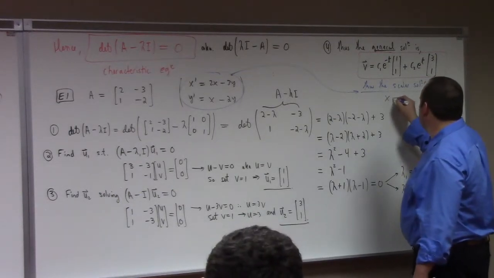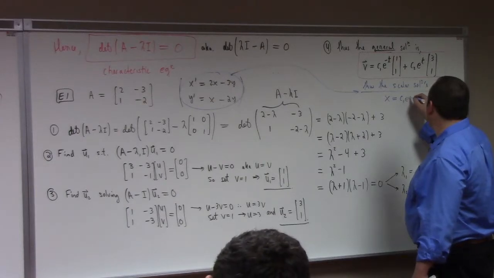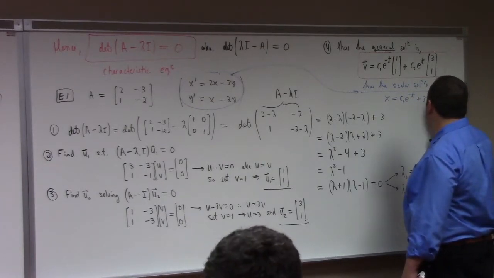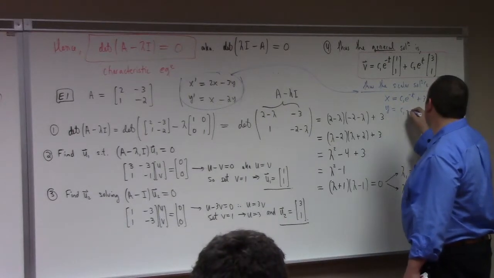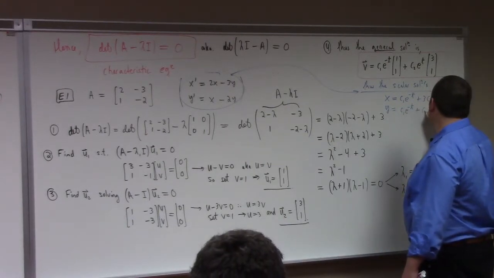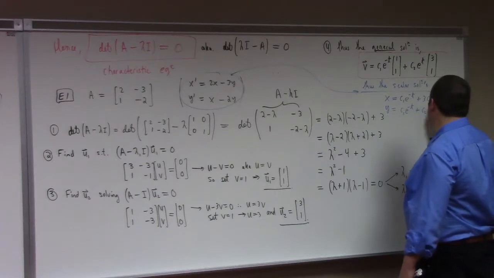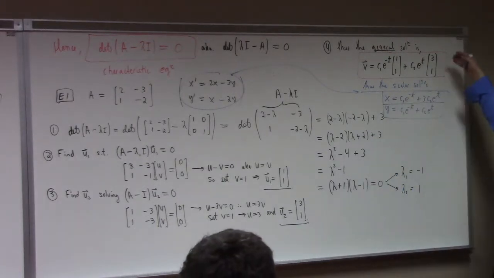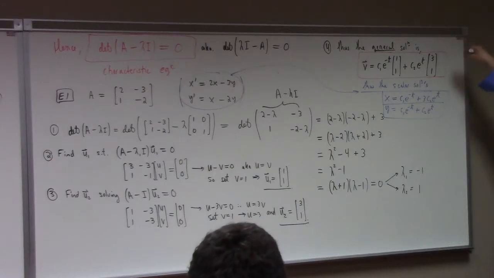So x is equal to c1 e to the minus t plus 3c2 e to the t, and y is equal to c1 e to the minus t plus c2 e to the t. It's easy enough to see what I did there. I just read off the first and the second components of the vector solution, right? Those are respectively the x and y pieces.